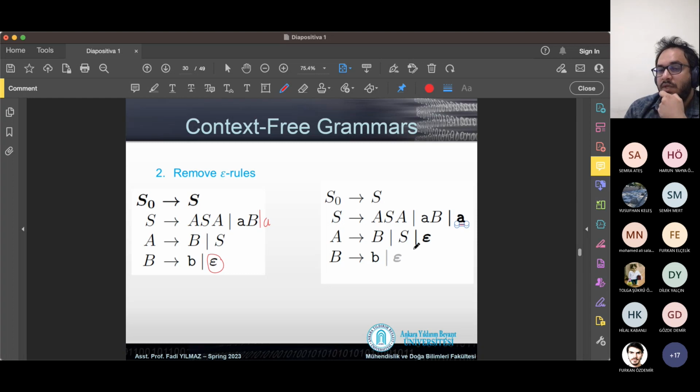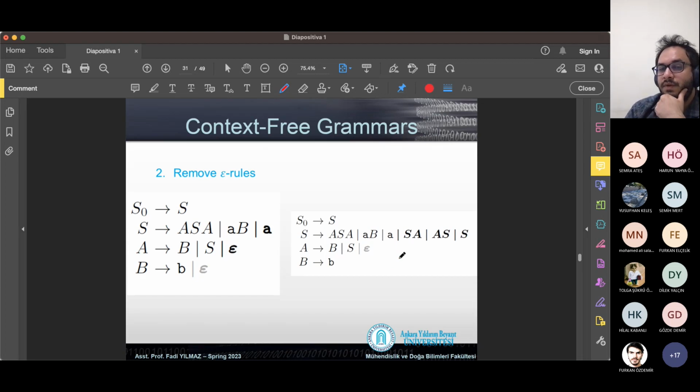Is that clear, guys? Then I can remove this rule. From now on, this is going to be the same grammar, because if B can be epsilon, I just add a new rule to cover it. I have to remove this rule for the A as well.